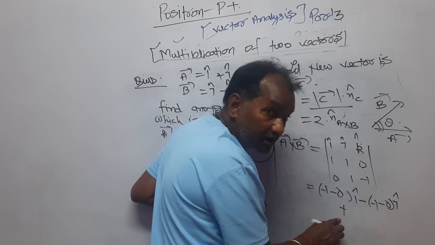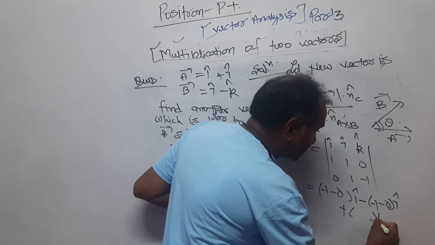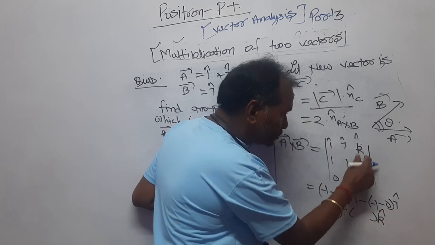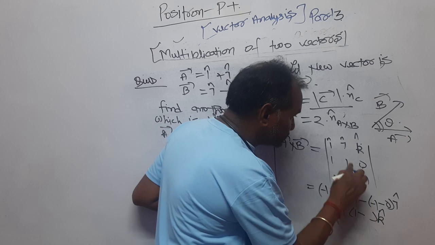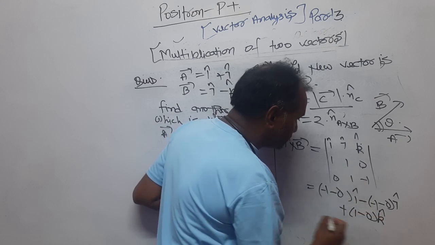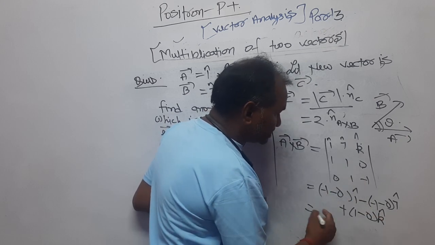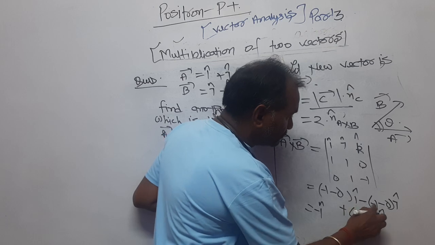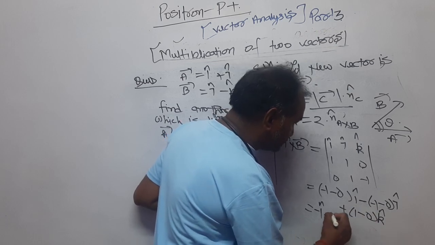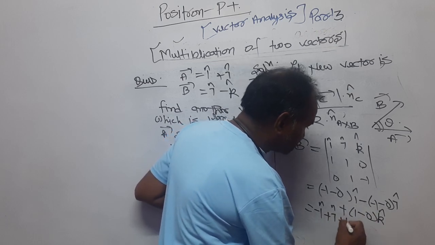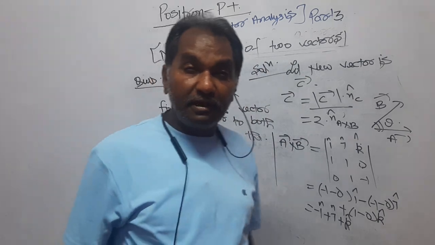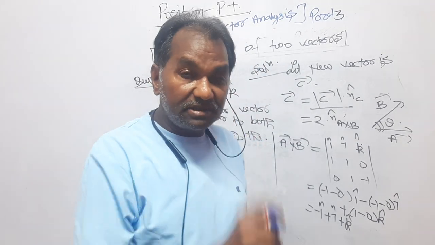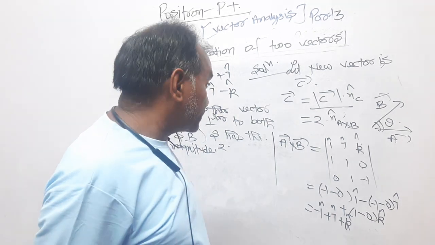Then plus for k cap: diagonally multiply, 1 into 1, minus 1 into 0, which is 0. So you will get minus i cap, minus minus j cap, that is plus j cap, and plus k cap. In this way you have found the value of A cross B.